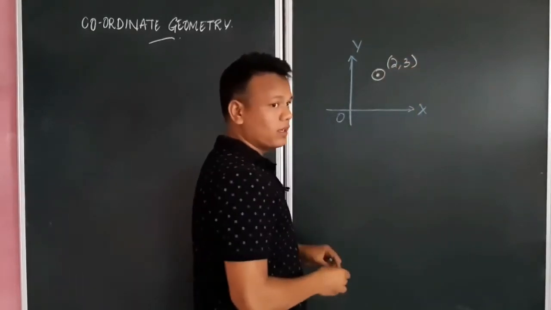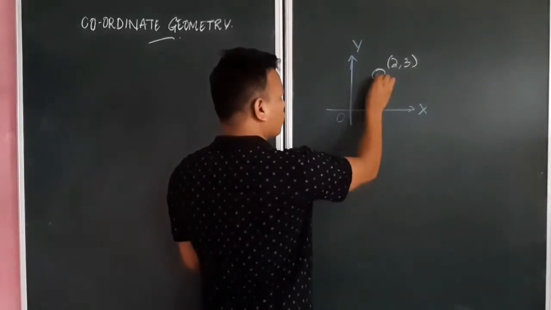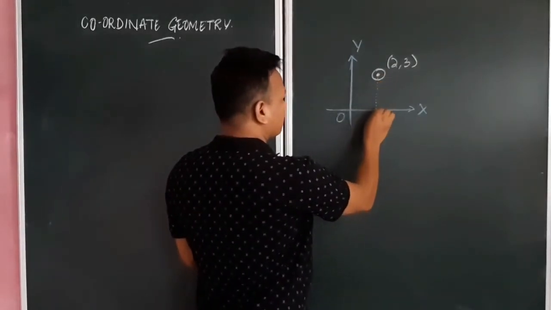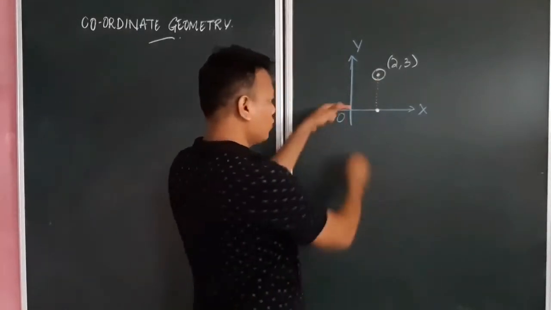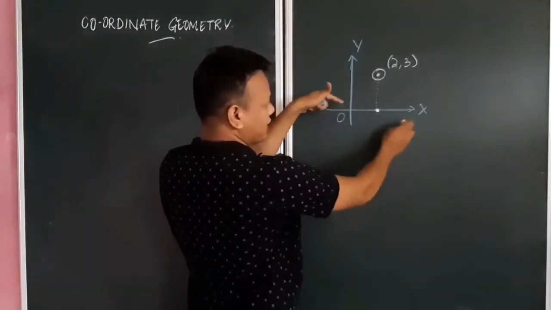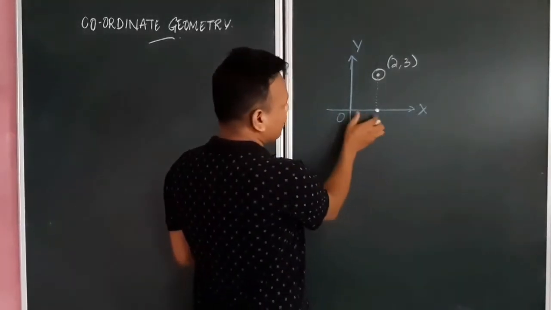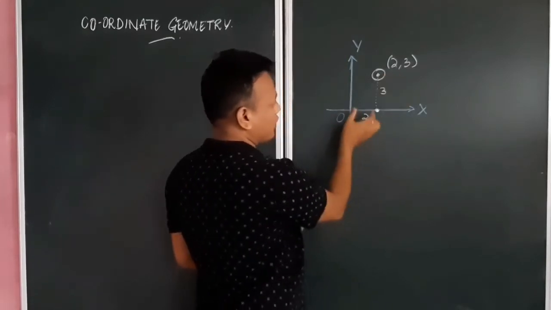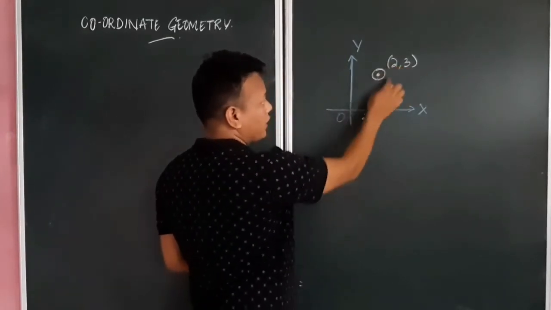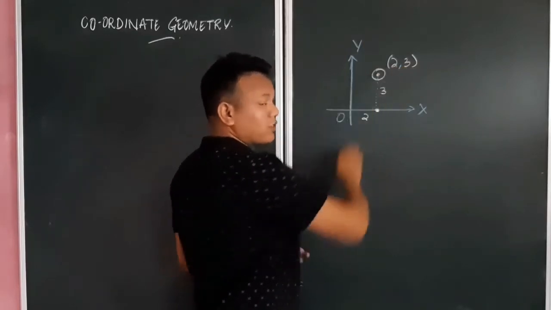This is not my correct diagram, so this is my (2, 3). See, from here to here is 2, and from here to here is 3. That's why the coordinate of this is (2, 3). So this 2 is from here to here, and from here to here is 3. So that's why this is (2, 3).